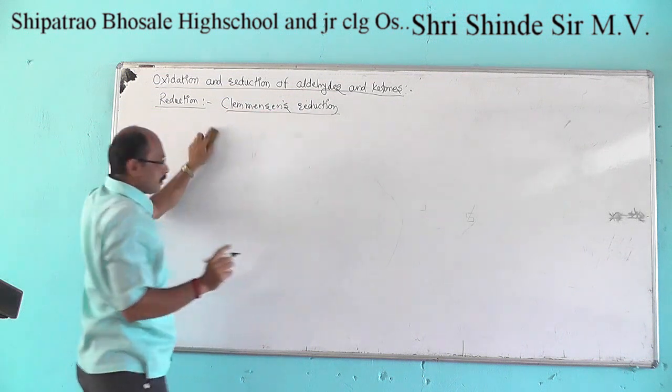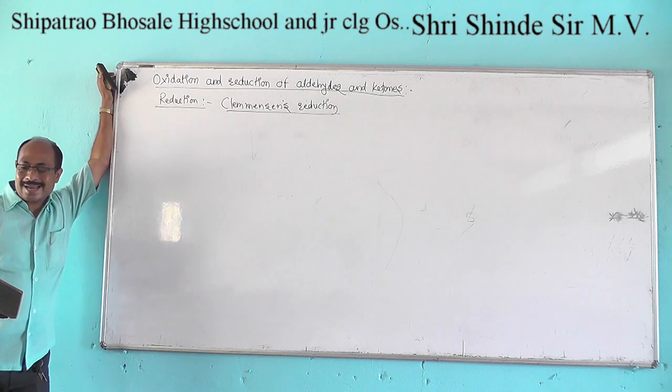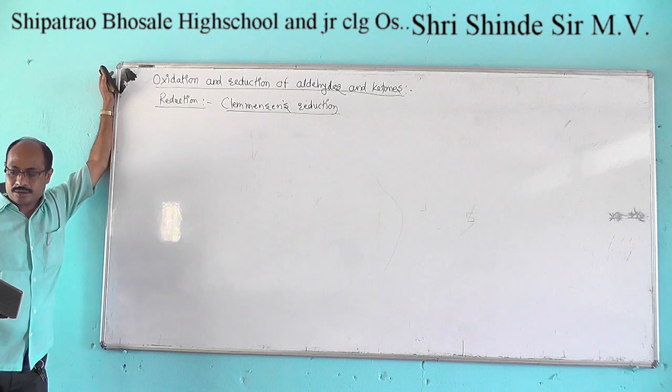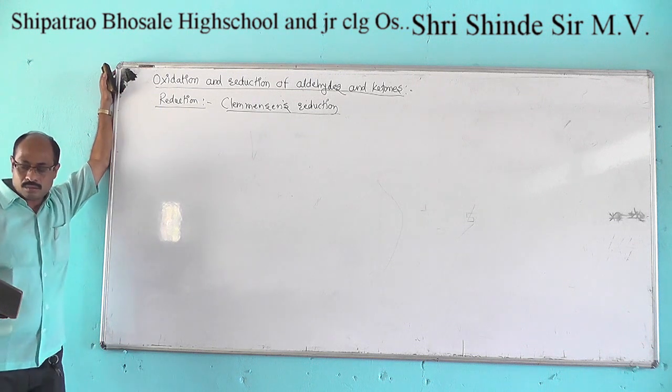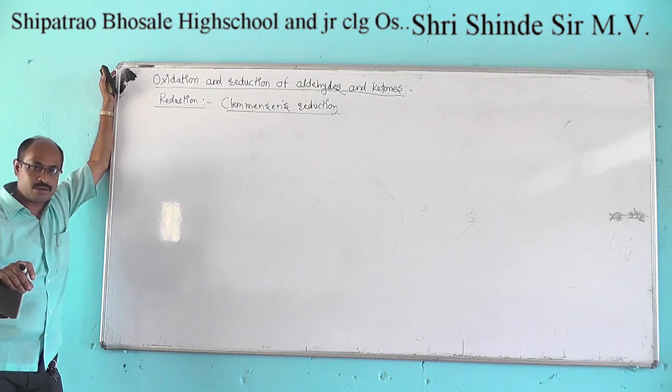Clemmensen's reduction reaction involves mainly when aldehydes or ketones, or we can say the carbonyl compounds, are reduced to a methylene group on treatment with zinc amalgam and concentrated hydrochloric acid.